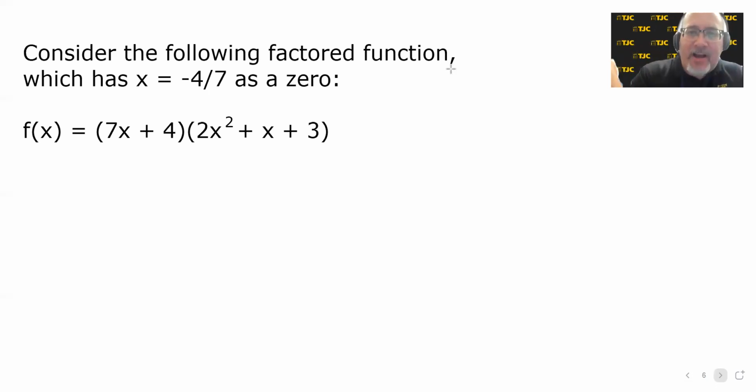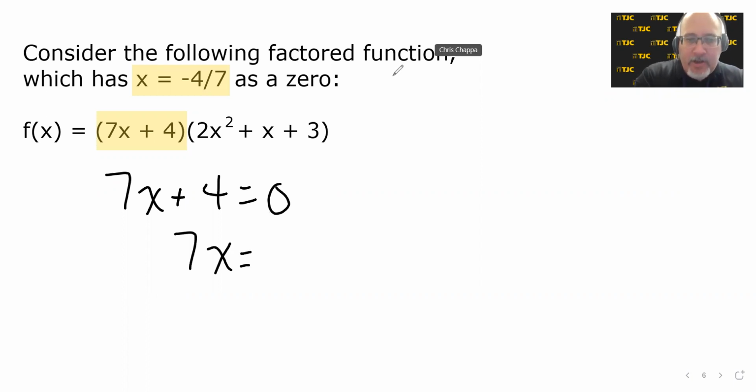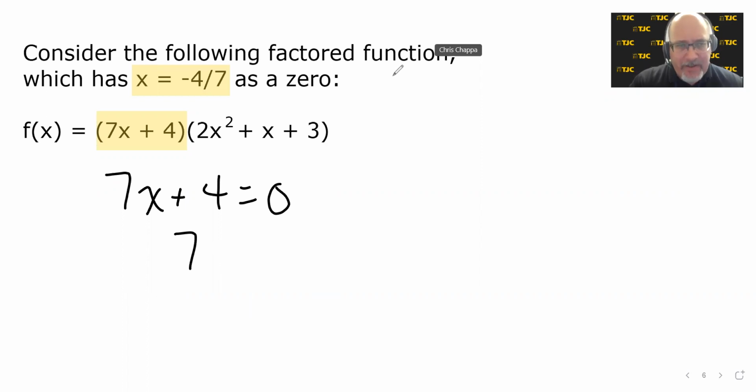Now, if it's not immediately obvious that x equals negative 4/7 is a 0 of this function, then what would happen if I put 7x plus 4 equal to 0 and solved it? Well, the 4 would move over and become negative, and then we would divide both sides by 7. So yes, it is possible to reverse engineer a 0 back into a factor. In fact, that's part of what the factor theorem says. So this function does have x equals negative 4/7 as a 0.